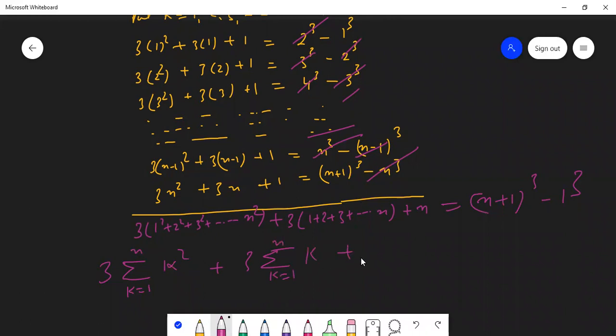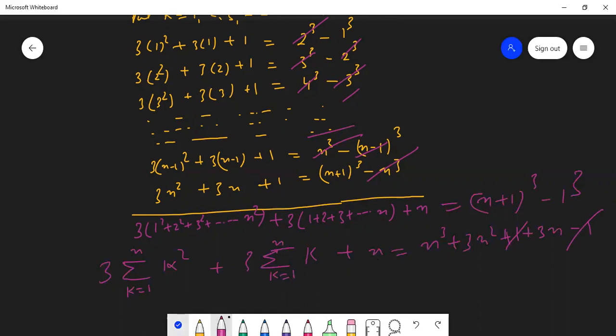And this is plus n is equal to, expand this, a plus b whole cube, which is n cube, plus 3n square, plus 1, plus 3n, plus 3n also. Actually, you can apply the identity, a cube plus b cube plus 3a square b plus 3ab square, and minus 1. This plus 1 minus 1 should be cancelled.